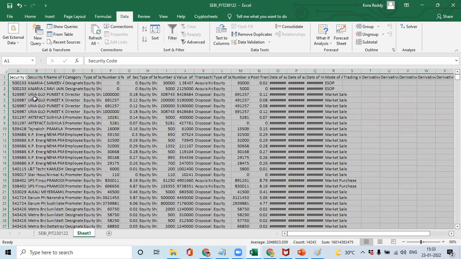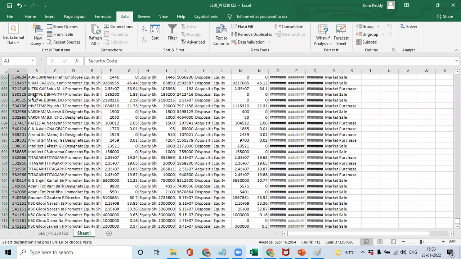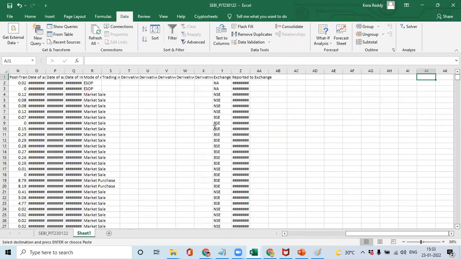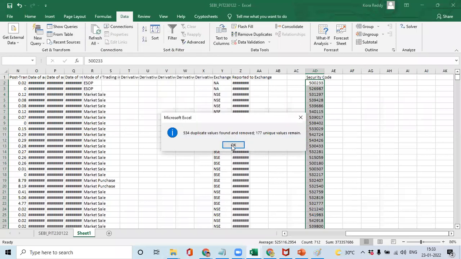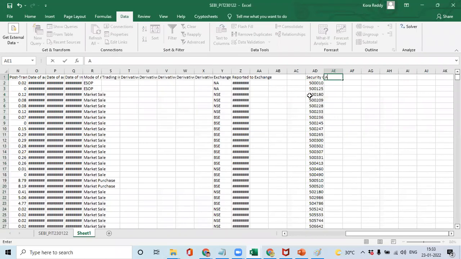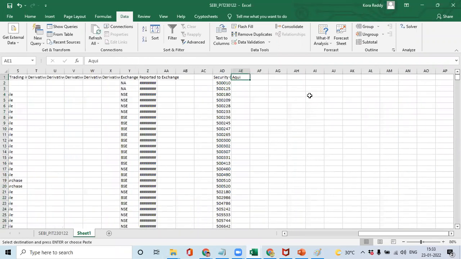Now acquisition means he bought, disposal means he sold. So this is the entire security code. Remove duplicates. Sorted. Total acquisition amount and total disposal amount. SUMIFS.